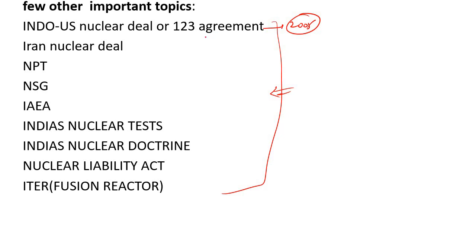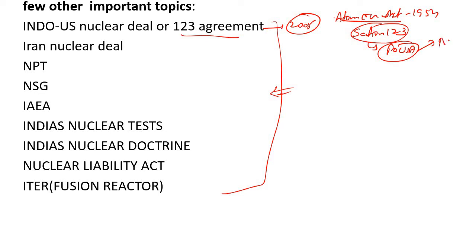It is also called the 1-2-3 agreement, because of USA's domestic Atomic Energy Act of 1954, in which there is a clause, Section 123. According to this section, if the President of the USA is satisfied, then he can transfer nuclear technology to any country.